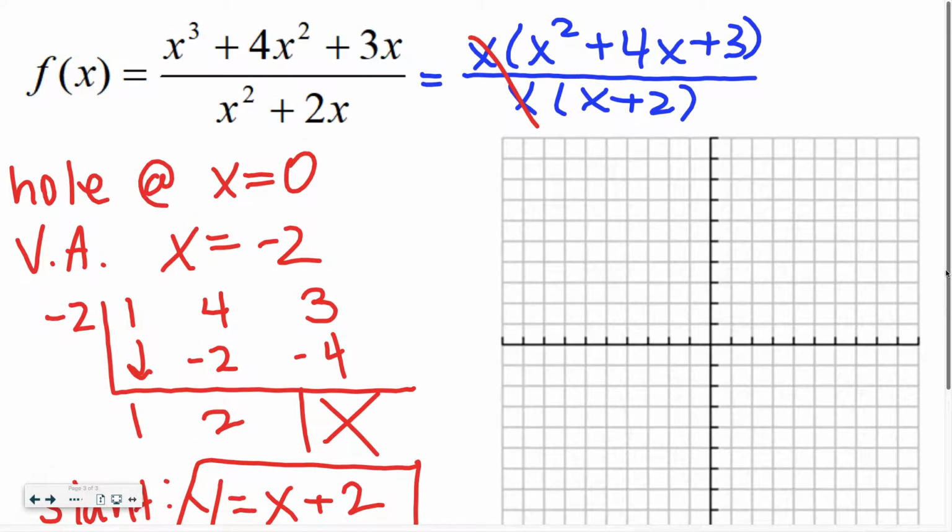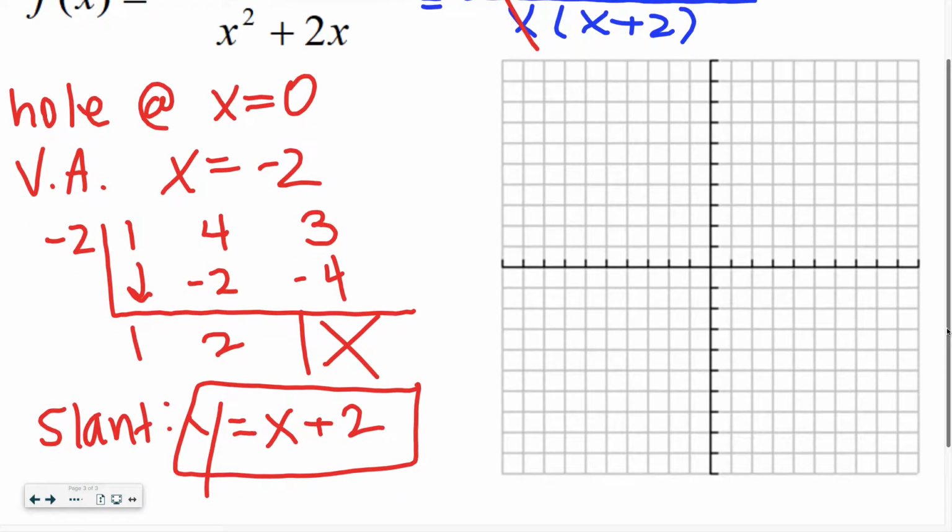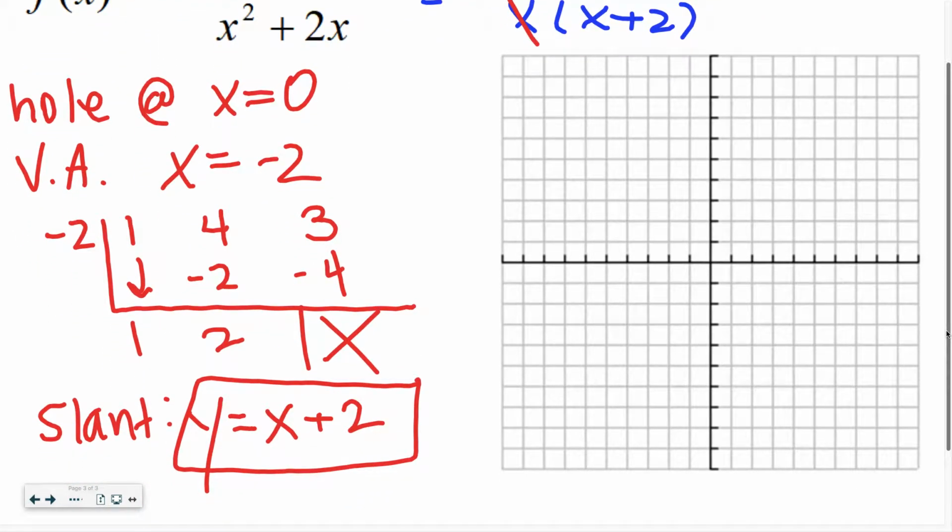Remember, we factored out an x, and so we determined there was going to be a hole at x equals 2. And then after we simplified, we figured out where our vertical asymptote and slant asymptote would be. So we have a vertical asymptote at x equals -2.